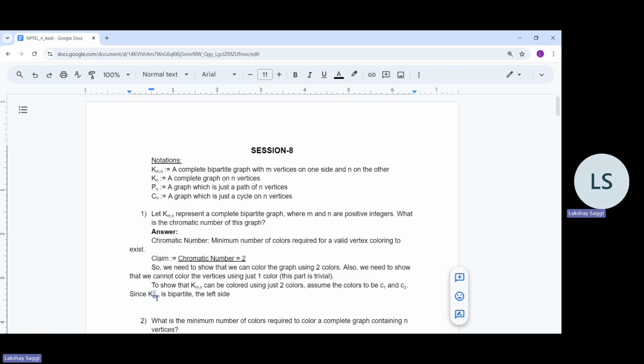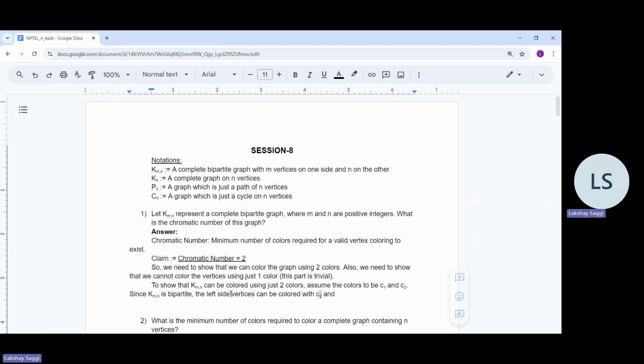And the n vertices, I'll refer to as the right side. It doesn't matter, anything can be left or right, but just for convention, I'll say that. The left side vertices can be colored with C1.